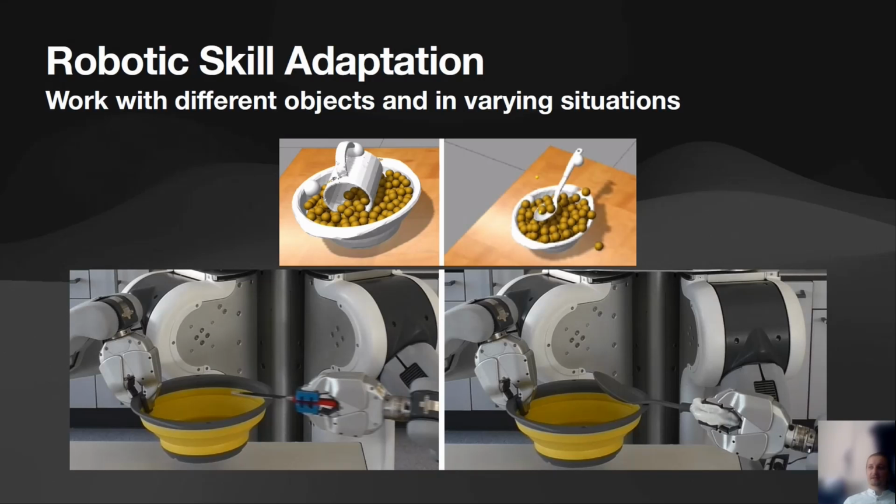And the motivation is that if you buy a robot and you want it to prepare your meal, then you put it in your kitchen, and everyone's kitchen is a little bit similar, but also very different.